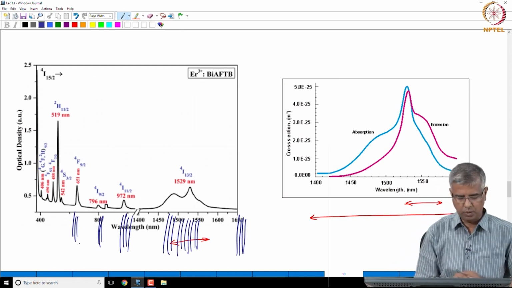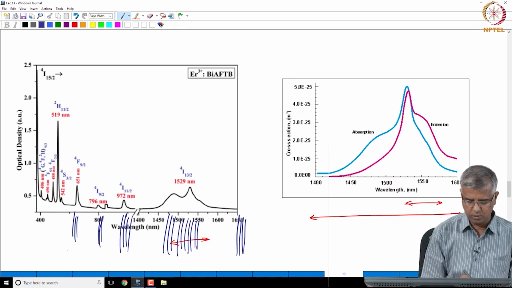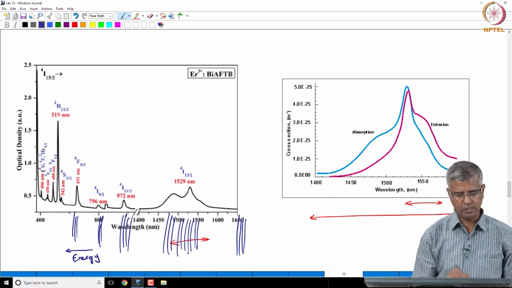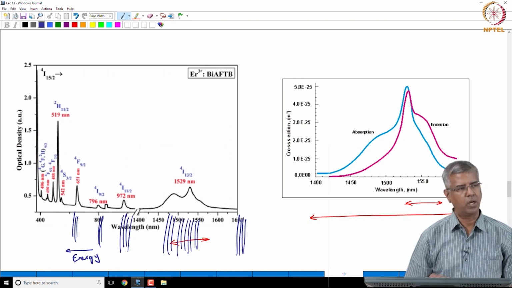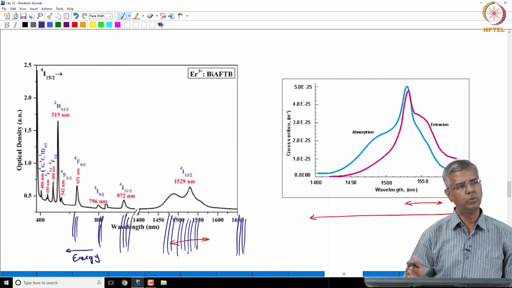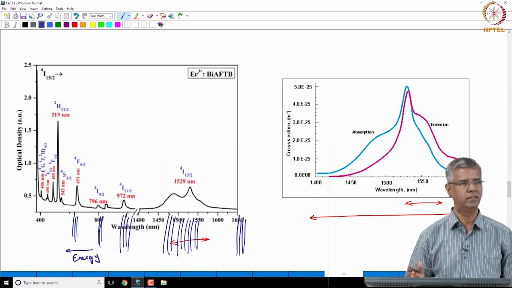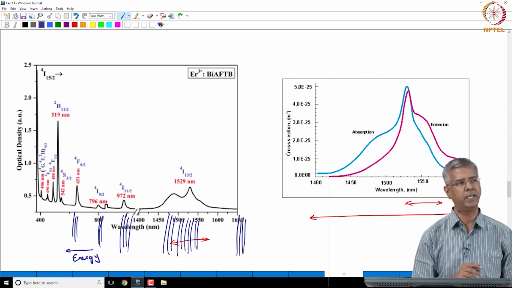If you were to visualize this, you are going up in energy. Whenever you see an absorption spectrum like this, you can say that your ground level, the lowest energy level, is on the rightmost side, and from there you are making these transitions to the higher energy levels.